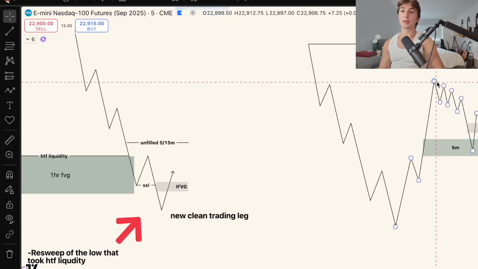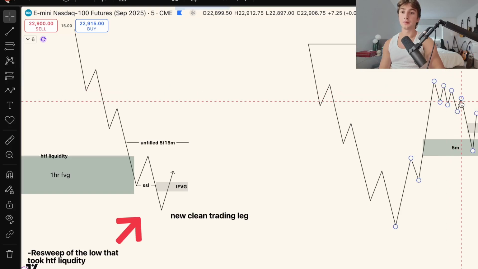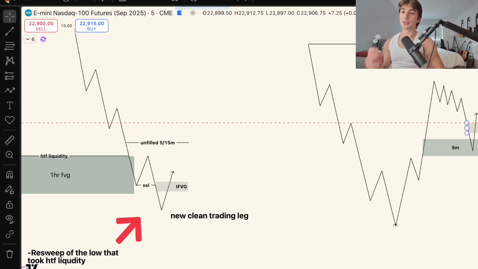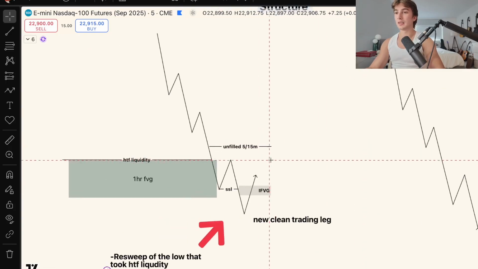So maybe you wait for a little PDI, price starts chopping up, generating a bit of LR, and then it trades lower, hits a 5-minute fair value gap, and then you get that inversion to the upside, and now you can expect price to keep running higher, right?